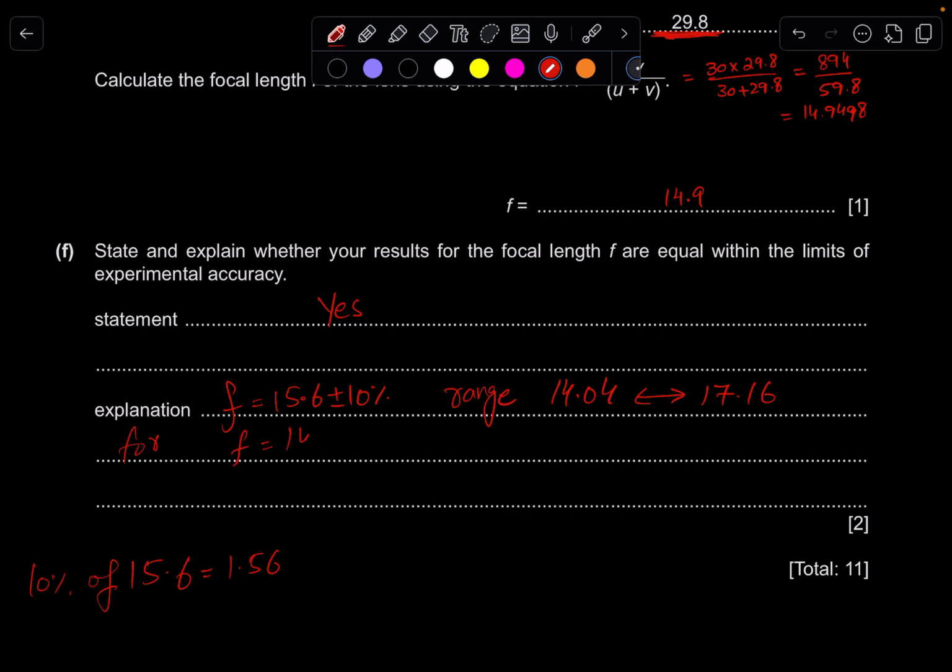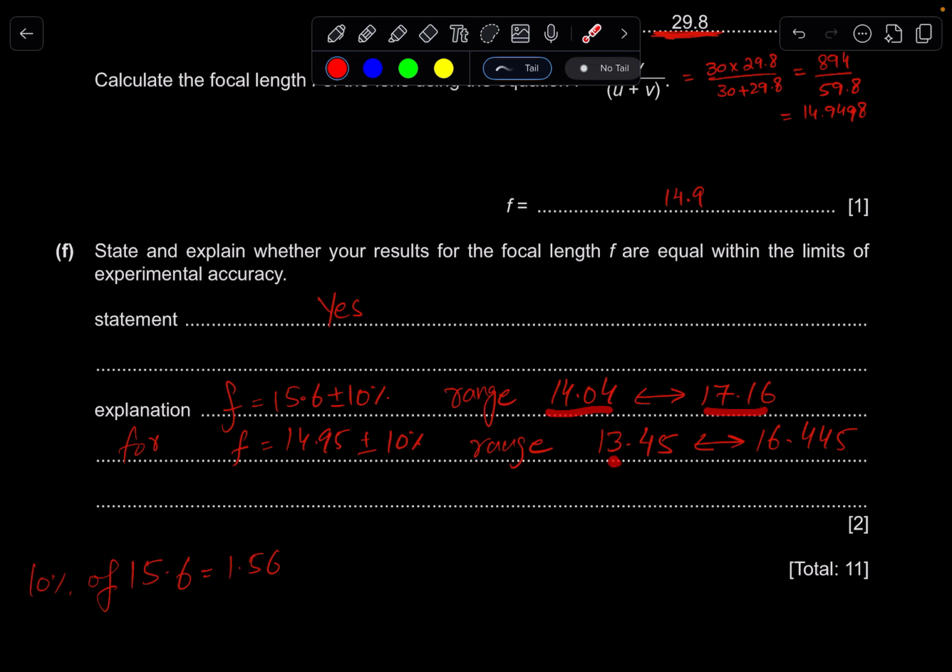the value is 14.95 plus minus 10%. So the range is 13.45 to 16.445. We subtract and add the 10% of 14.95 to that value. So if you see, one is from 14 to 17 something, and the other is from 13 to 16.